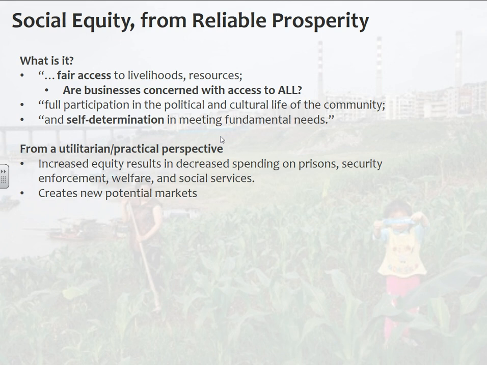So when someone says, hey, we don't want to give these handouts to people, if you can help people become more educated and offer them opportunities, by and large, if the opportunities are there, they're much more likely to take advantage of them. Then you can help them help themselves, and you can eliminate a lot of these social services. You don't need as much welfare, or TANF as they call it now.